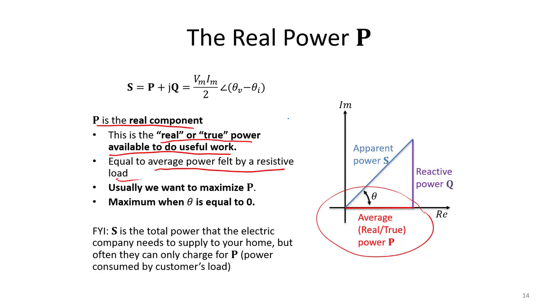So this is the average power that a purely resistive load would feel. So most of the time, since P is the useful power available to us, usually we want to maximize P. And notice that this P value will be maximum when our phase angle theta is equal to 0.